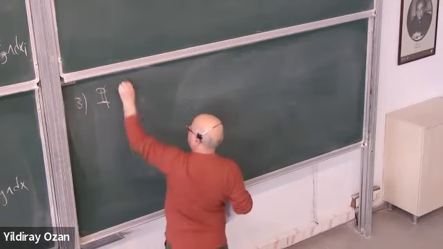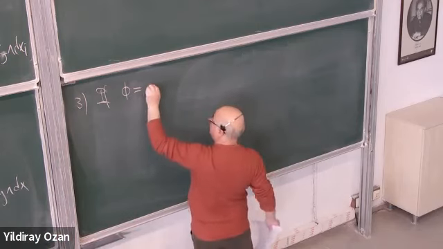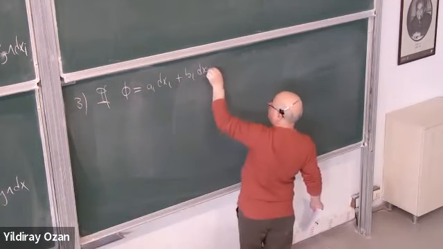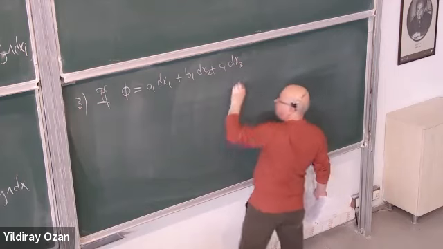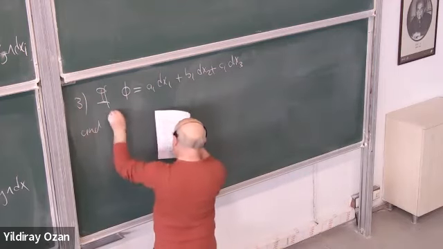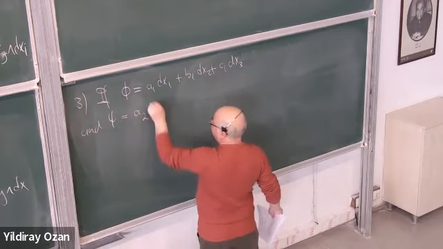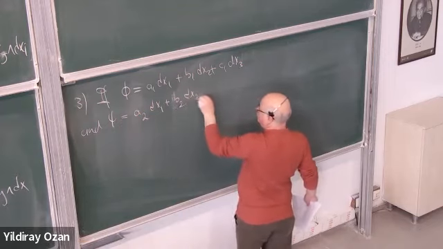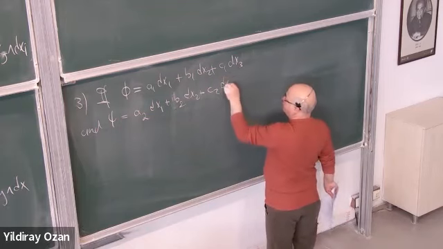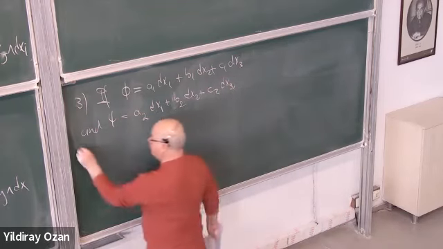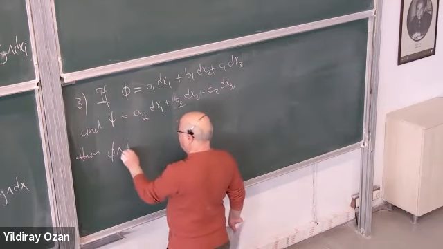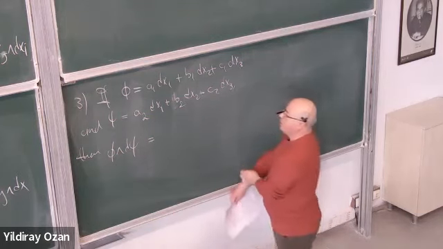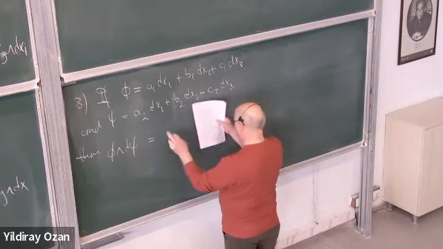If phi is, let's say, some function times dx1 plus some other function times dx2 and some other function times dx3, and psi is a one form, B1 times dx1, B2 times dx2, and B3 times dx3, then phi wedge psi is what? Okay, let me write down the answer.